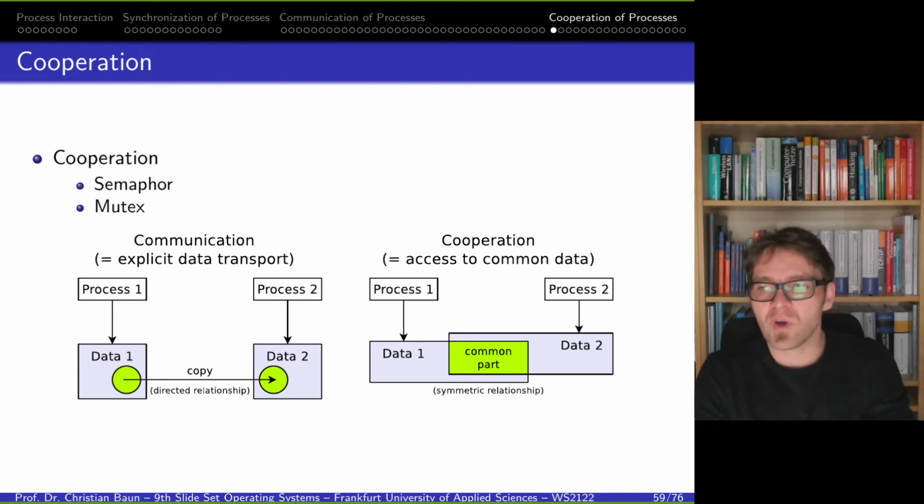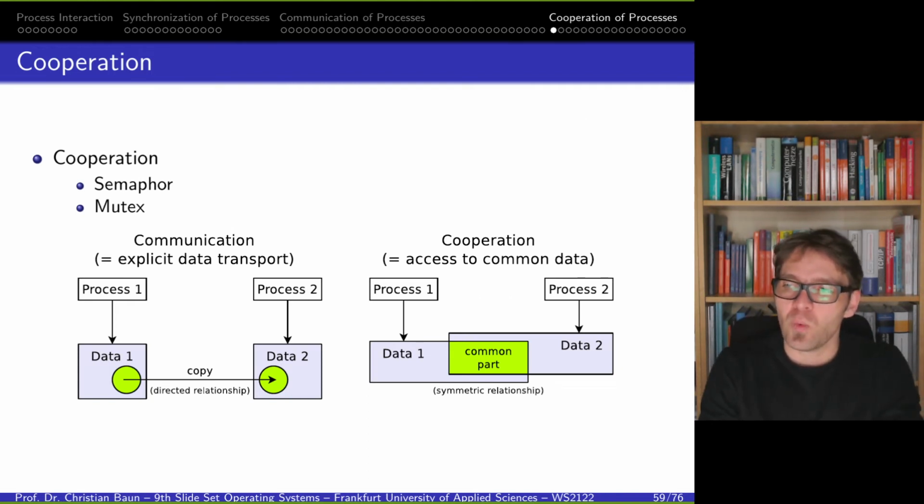Cooperation means we have shared resource usage. We have common data maybe, and how can we implement it that several processes use this common data, these common resources.